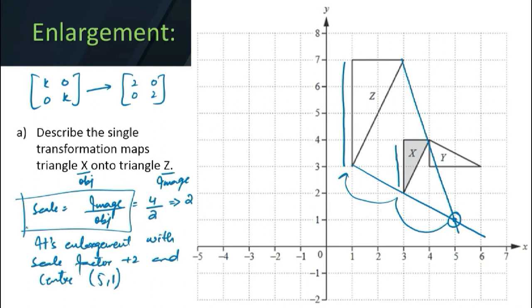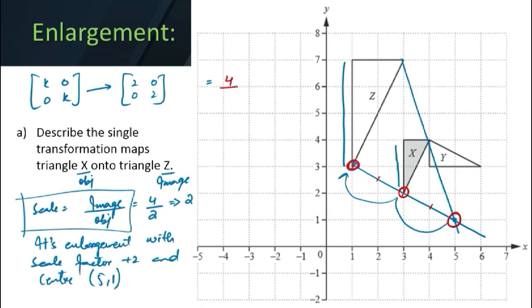Otherwise, if you use the formula which I have written, the distance of image from the point of enlargement, so if we take this point of object and image, like here we have this point, if we take its object and this is the point of enlargement. So see, the distance of image from the point of enlargement is 1, 2, 3 and 4 boxes.